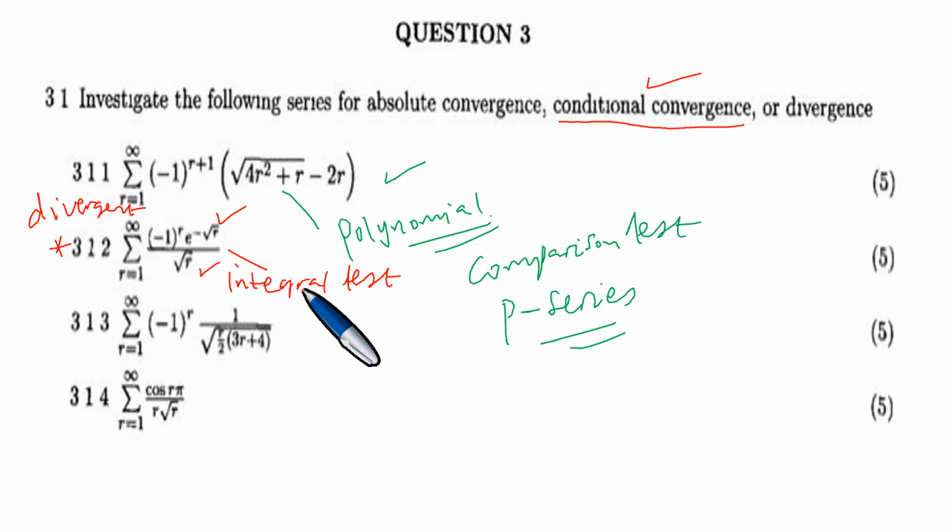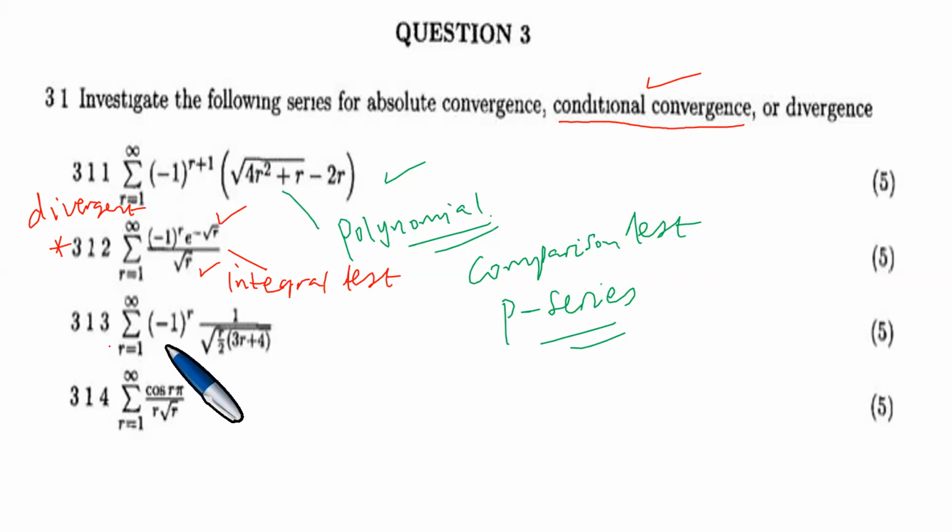The series of the absolute values is convergent, and because it is convergent, we are good.